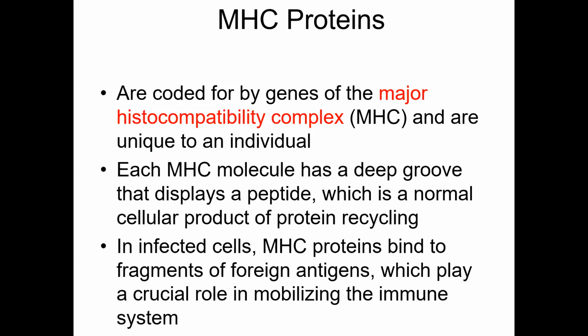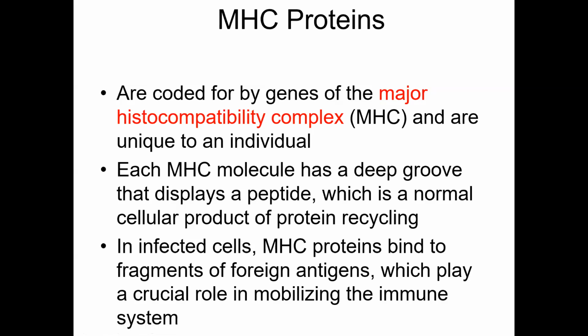All right, now this one is talking about the structure of MHC proteins. Each MHC protein molecule has a deep groove which can carry a little peptide. What is a peptide? If you digest a big protein into fragments, each little fragment is called a peptide.